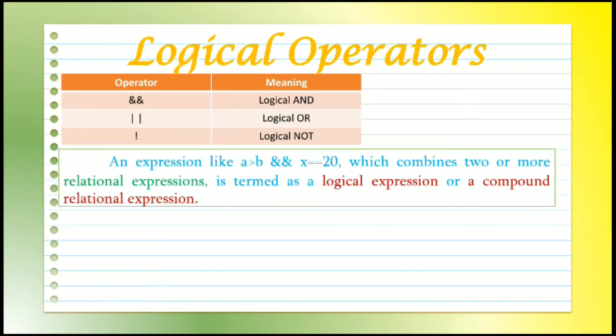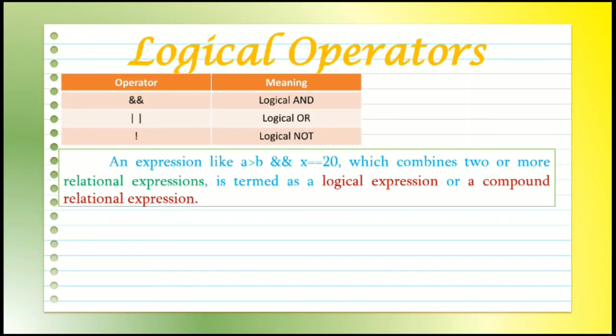An expression like a > b && x == 20, which combines two or more relational expressions, is termed a logical expression, or it is also called a compound relational expression.